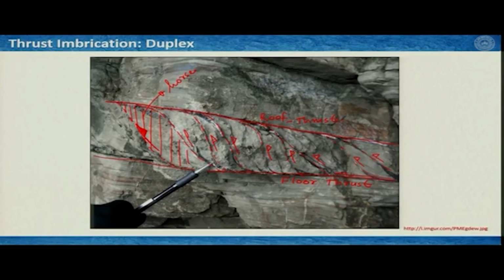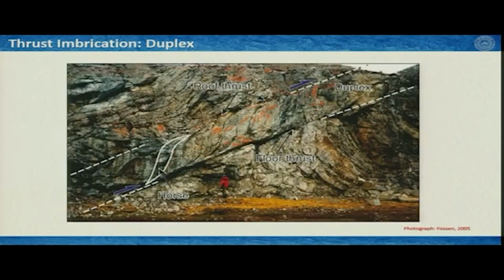We have one more example from the book of Professor Fossen. So here again you have roof thrust, you have floor thrust here, and in between you have the horses marked, individual horses, and you see they are all dipping this side, so this must be your hinterland side.